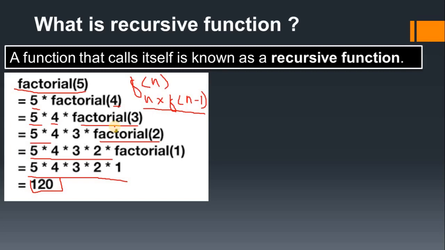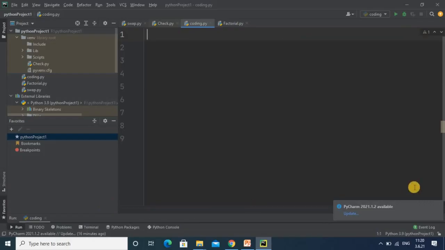Now we go to PyCharm, and there we will see how we can use a recursive function for the factorial of a number. Here I am in PyCharm, and for the factorial of a number I am taking direct initialization with the number 5.